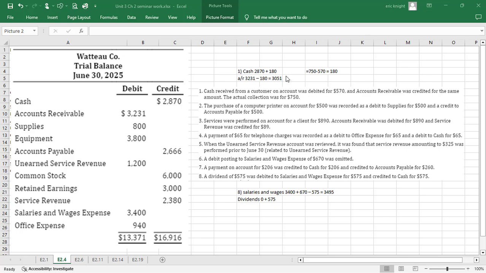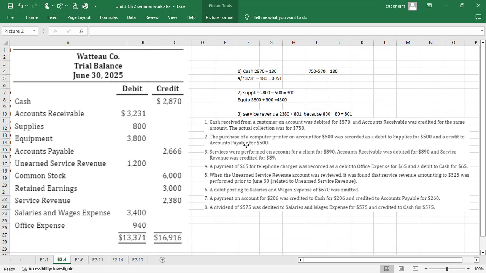We need to add that to the cash and take away that additional $180 from the receivable, because we received the money from the customer. So that means we need to take the $2,870 we moved over, add another $180, and take our receivables and take out another $180.